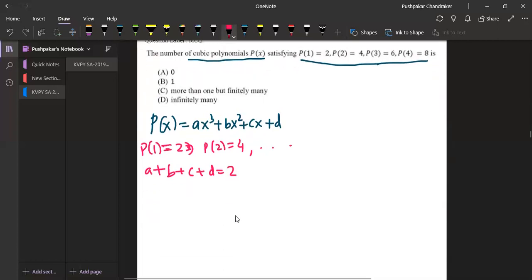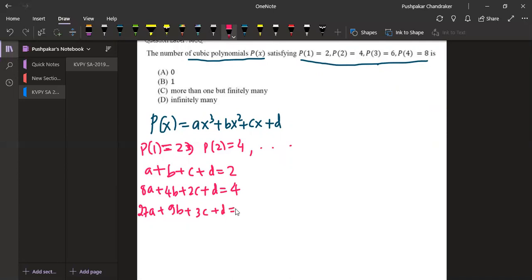Put next 2. When you put 2, you'll get 8A plus 4B plus 2C plus D equals 4, as they are given. Next is 3. 27A plus 9B plus 3C plus D equals 6, as per them.